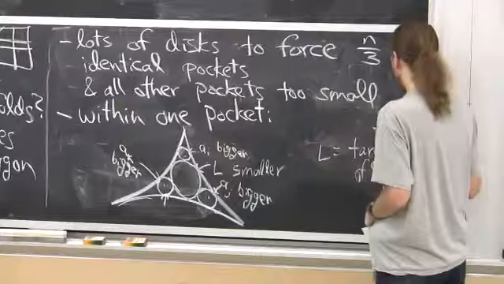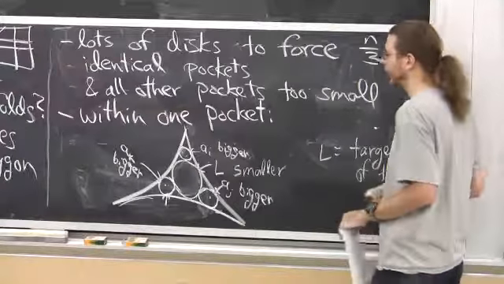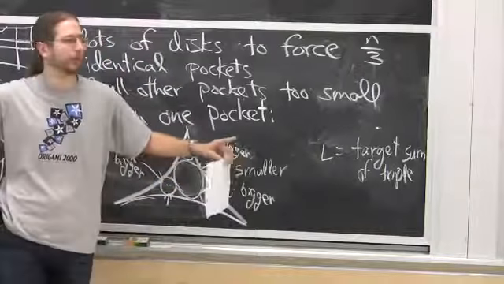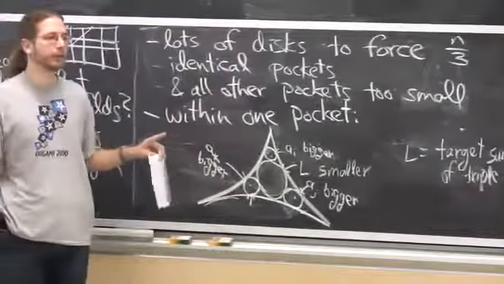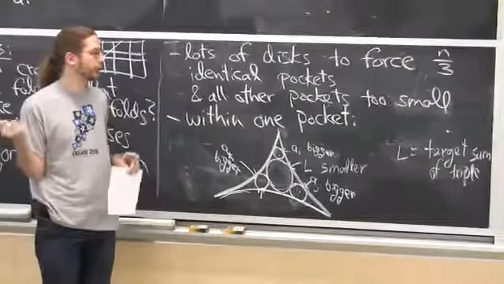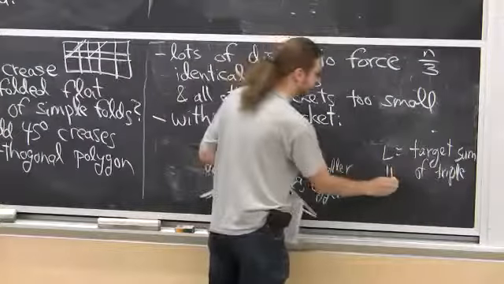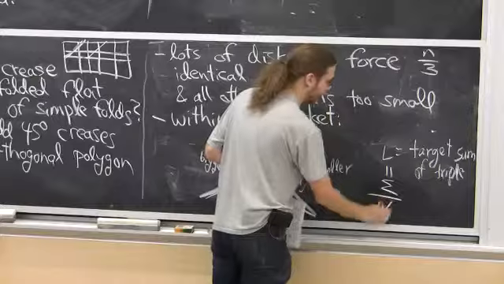Meaning, I take all the integers that I'm given, and I add them all up, and then I divide by n over 3. That's what every triple should sum to, because they're all supposed to be the same. So I'll call that L. This is the sum divided by n over 3.